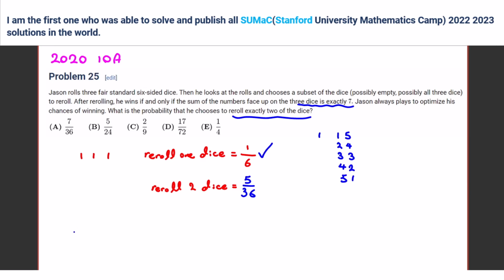So if we have A, B, C, and we reroll 3 dice, what's the probability to reach 7?